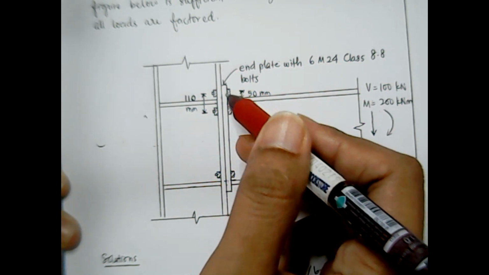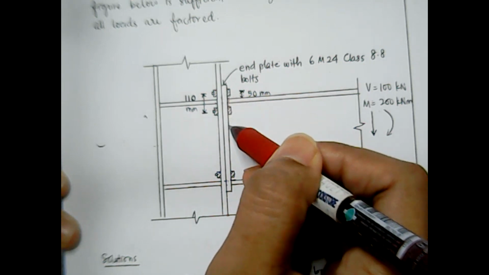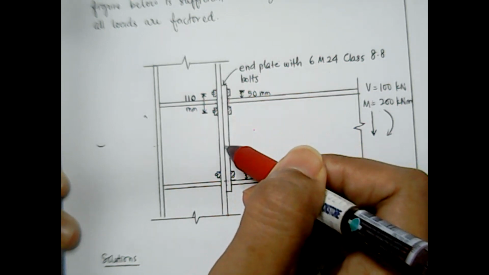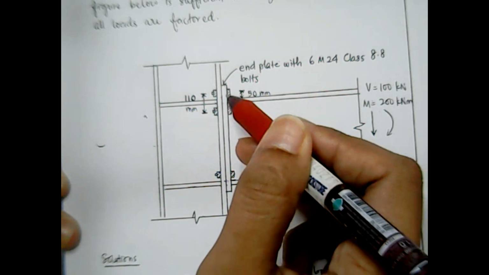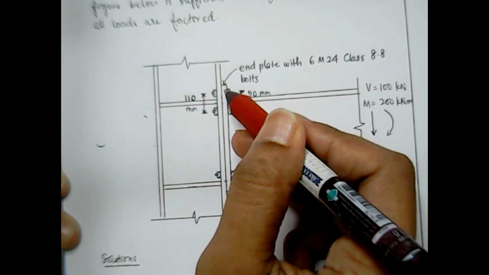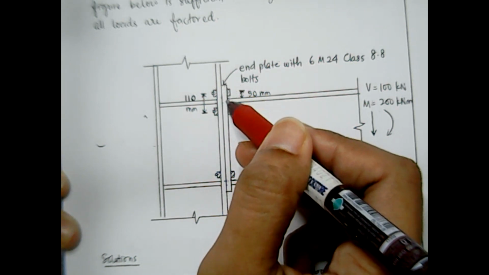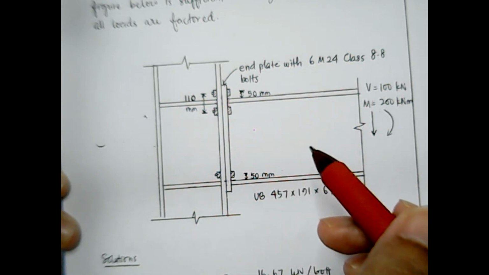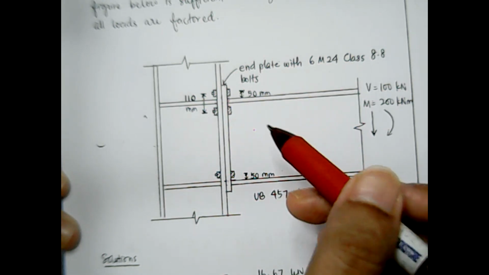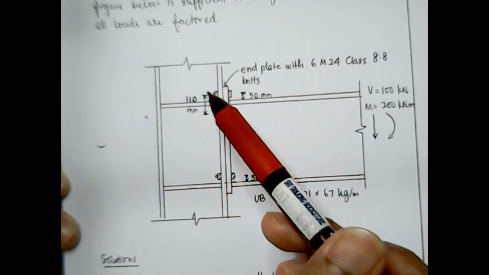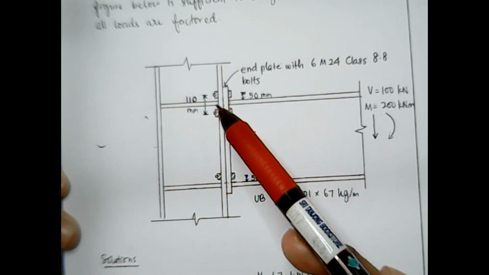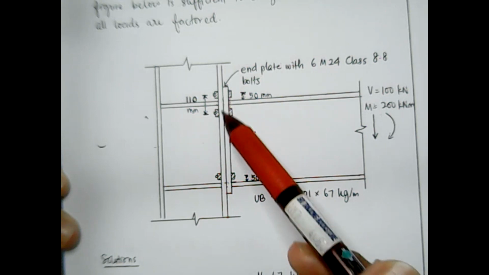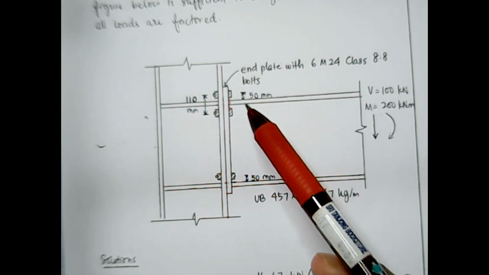And then the resistance of the end plate due to shear also must be checked, whether the shear will cause block tearing of the end plate or not. Definitely in these examples the combination of shear and tension of the bolt must be checked.